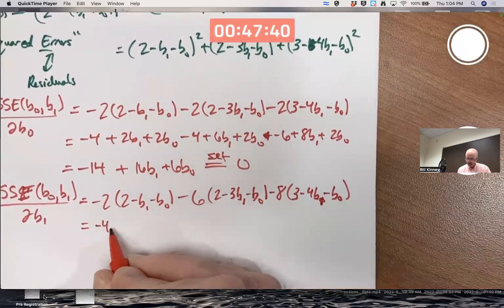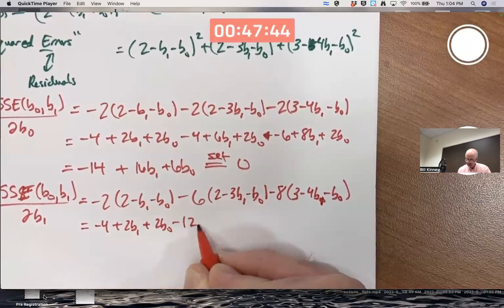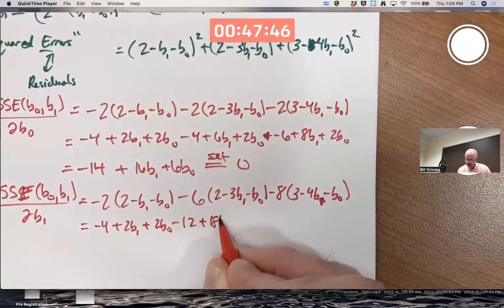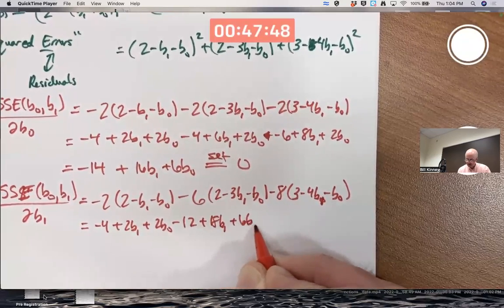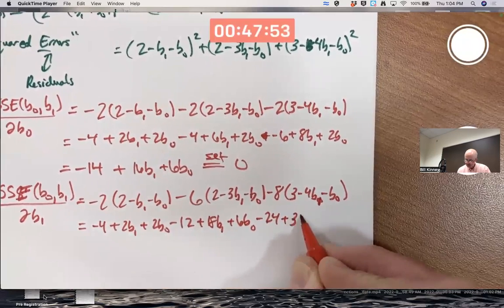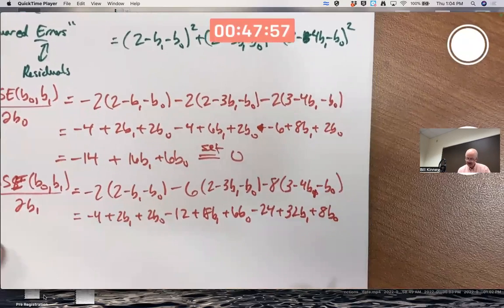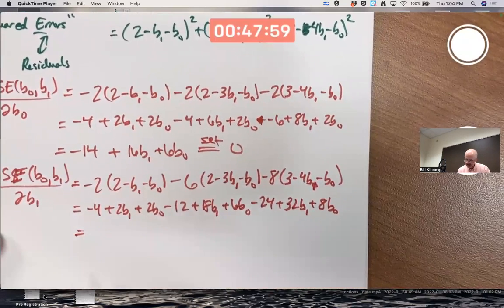Simplify, -4 plus 2b1 plus 2b0, minus 12 plus 18b1 plus 6b0, minus 24 plus 32b1 plus 8b0. Double check things in your own mind, please, to catch any mistakes.